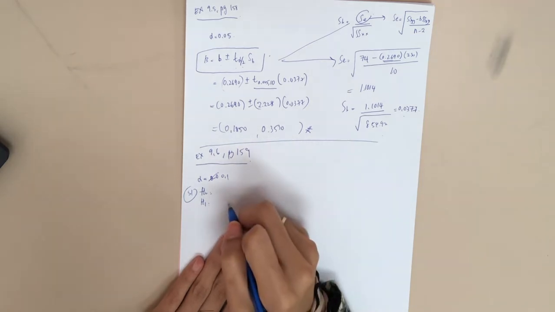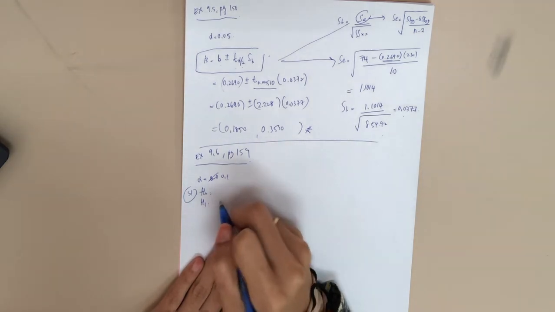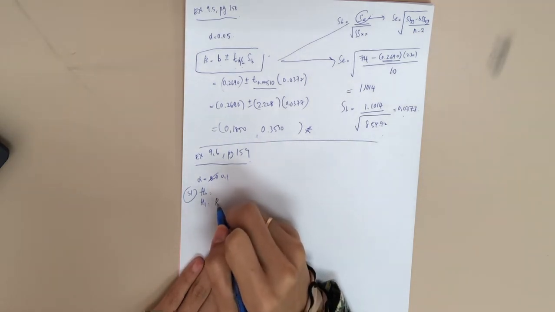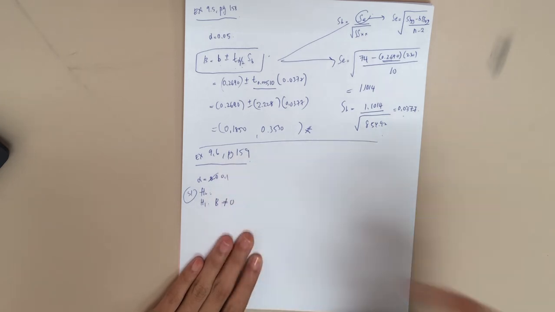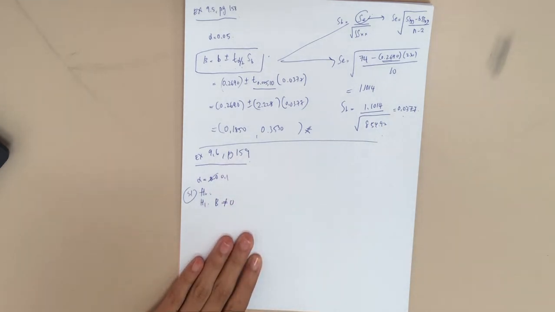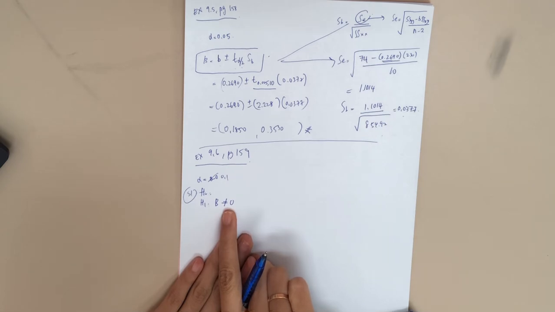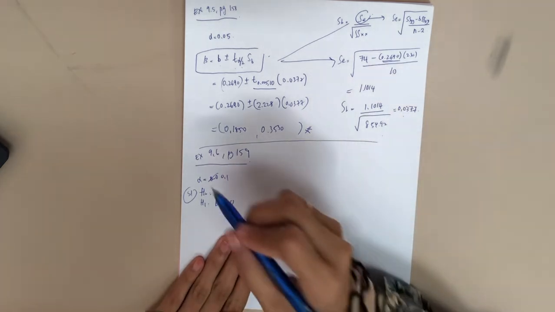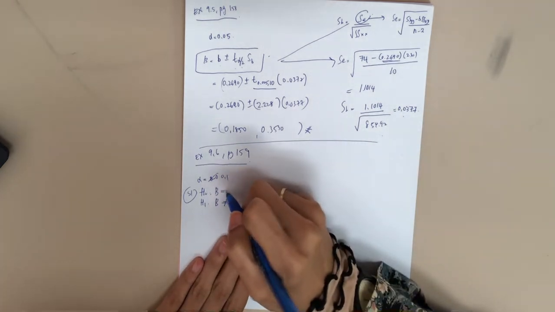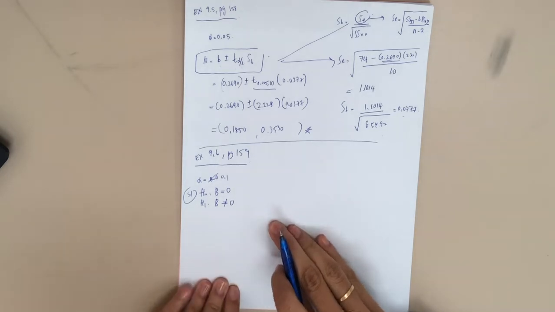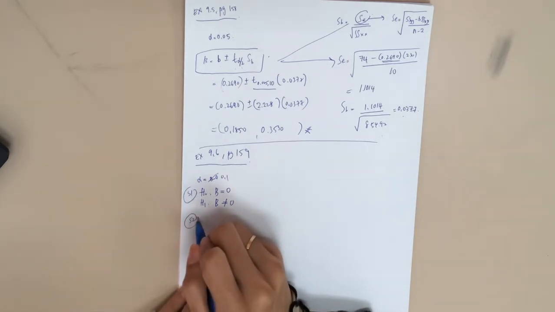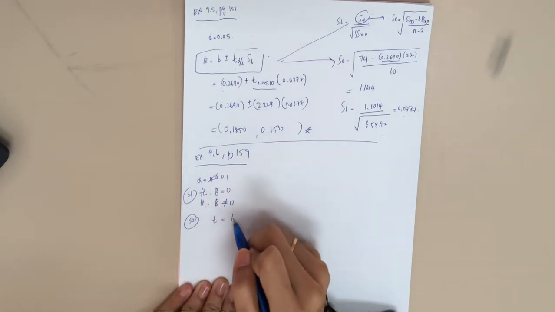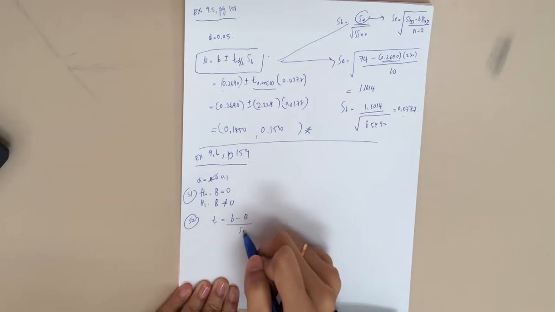The word different here is the hint. So your B is different from 0, which is not equal. So automatically your H0 will be B equal to 0. Then step number 2, your test statistic, which is given by b minus B over SB.